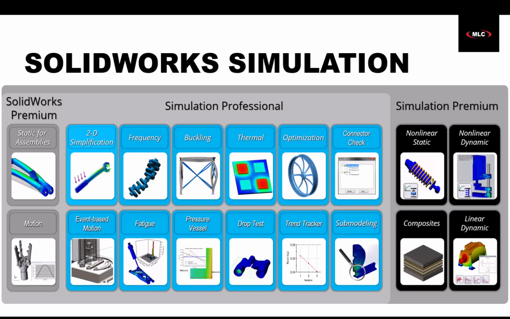Submodeling allows us to run an analysis of a very large assembly, and we can run a pretty coarse mesh so it doesn't take too long. And then if we find any areas of concern, we can actually just cut that section out and run it as its own analysis.